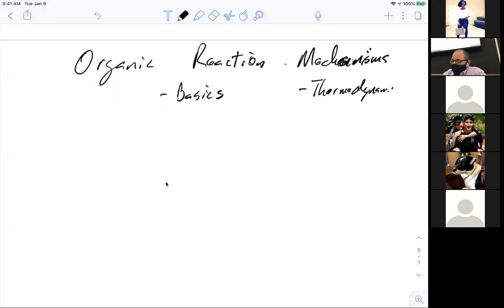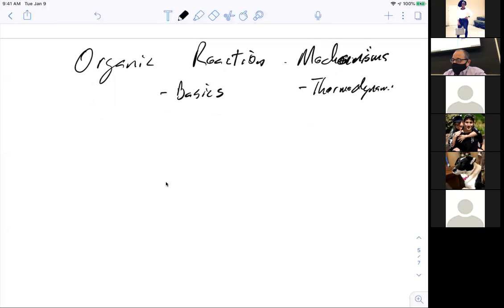So we've already seen reaction arrows, but it's important to understand that a double barbed arrow versus a single barbed arrow implies that 2 electrons are being moved versus 1 electron being moved.